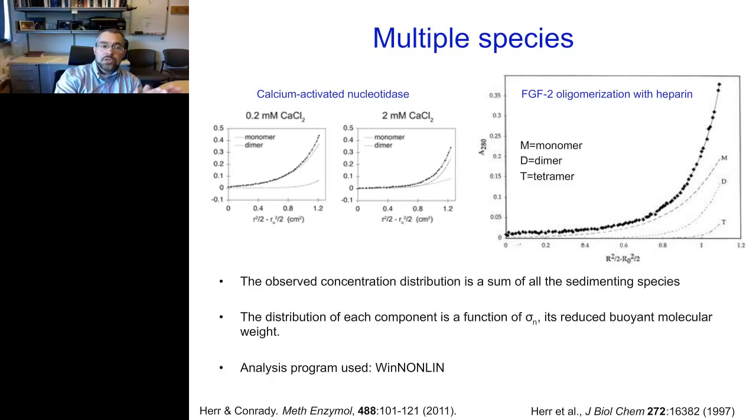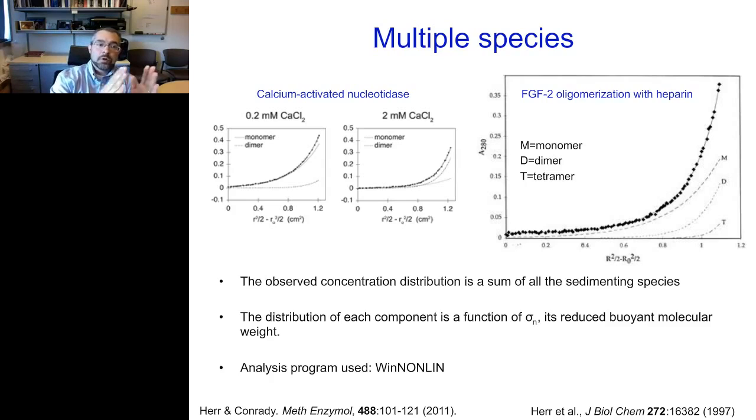You're changing concentration in your different samples, and you're changing the distribution by changing the rotor speed. So you're actually watching shifts in the system: at low concentration and low speed, you might have primarily monomer. As you go to higher speeds and higher concentrations, that equilibrium will shift toward dimers and toward tetramers. So that's the power of this technique.